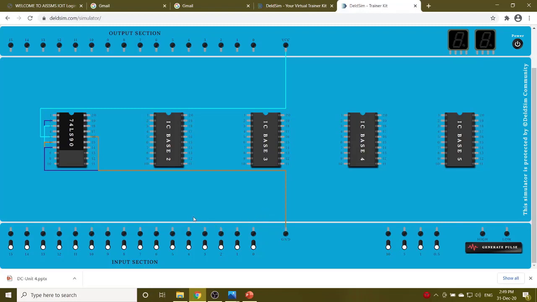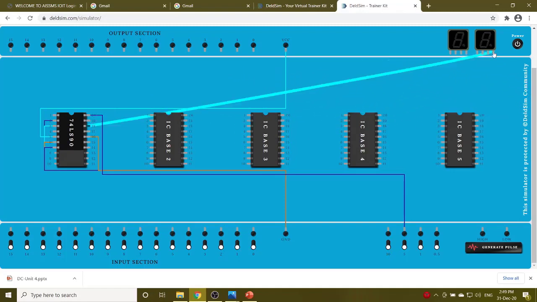Then pin number 14 is clock A. Pin number 12 is QA.